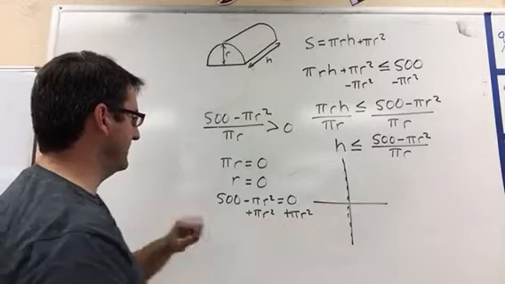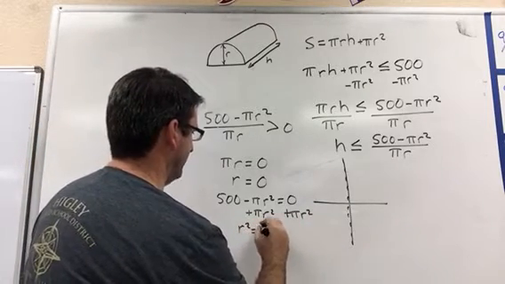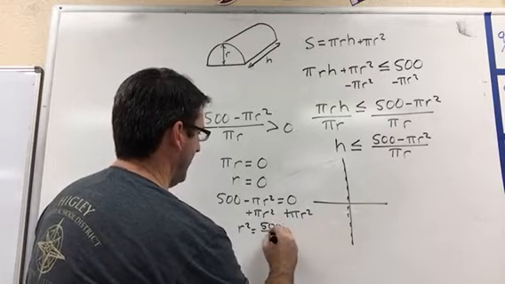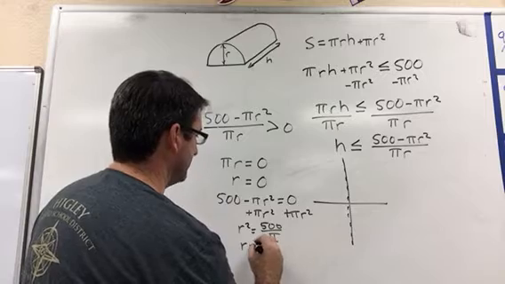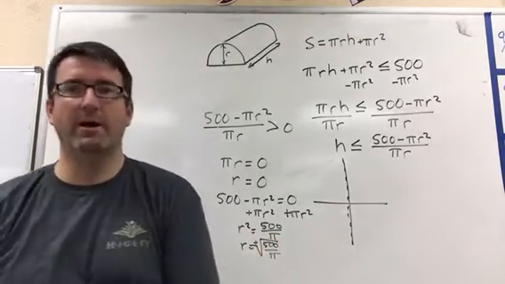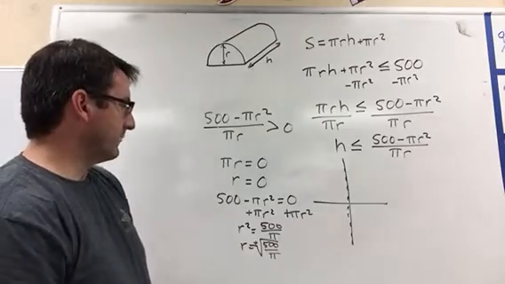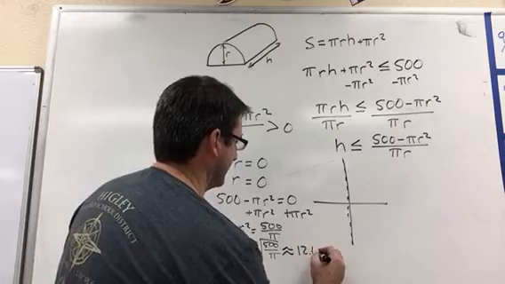So we get pi r squared is equal to 500, so r squared is equal to 500 divided by pi. Take the square root of both sides. r is equal to plus or minus the square root of 500 divided by pi. All right. Which, if we plug that into the calculator, we get that that's about 12.6.